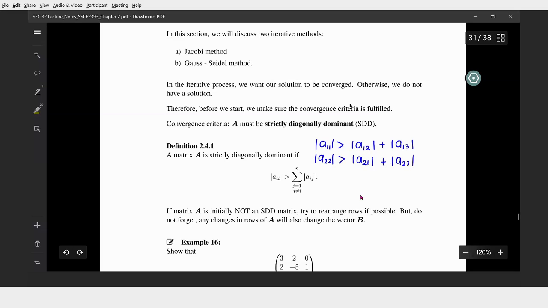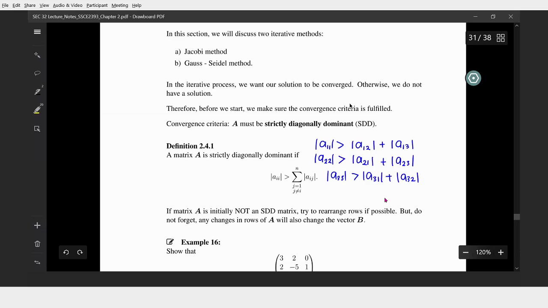You don't have a22 on the right, because j cannot be i, so a22 is at the left-hand side. Then for the third row, the main diagonal a_ii is a33, and it must be greater than a31 plus a32. That's it. Very simple.